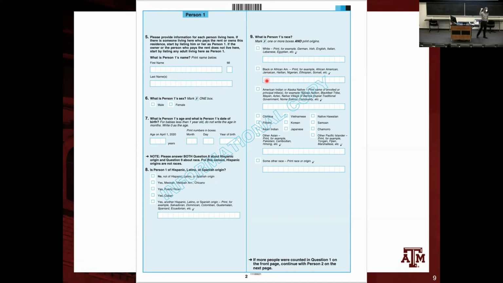But then after several studies being done and the Census Bureau coming up with the suggestion before the 2020 census, the previous federal administration said, no, we are not going to combine these two, and we are not going to add the subcategory of Middle Eastern and North African.